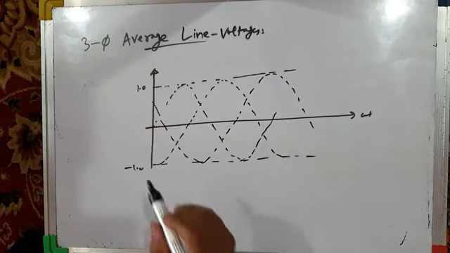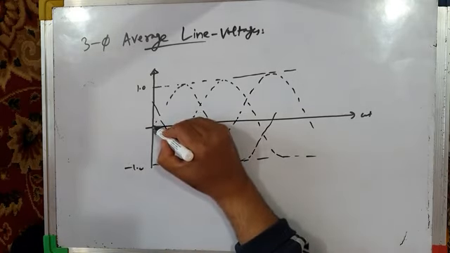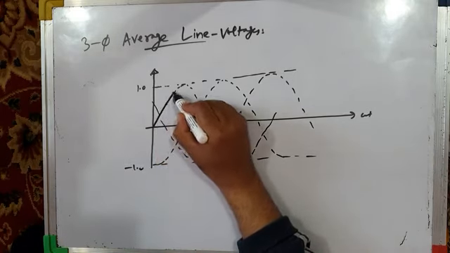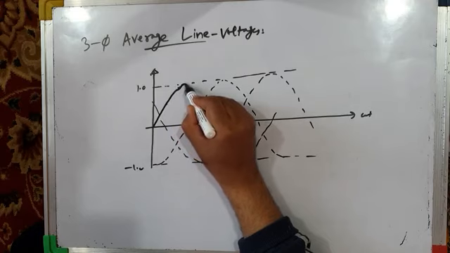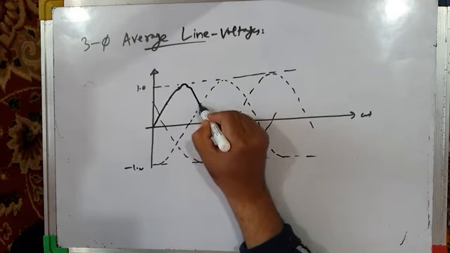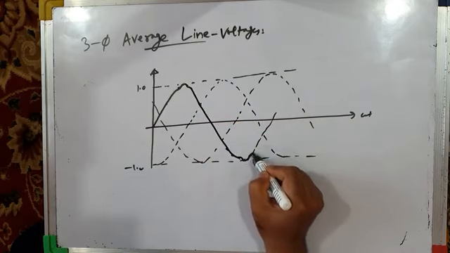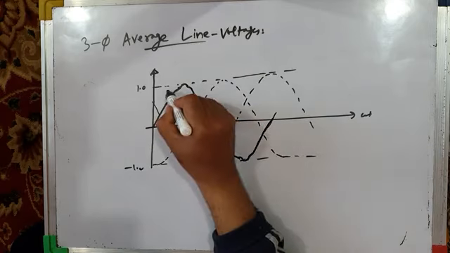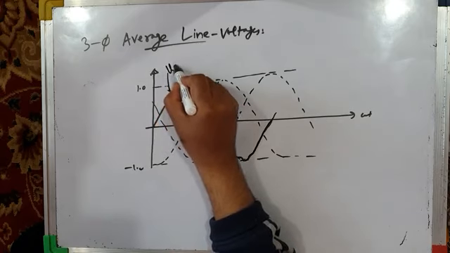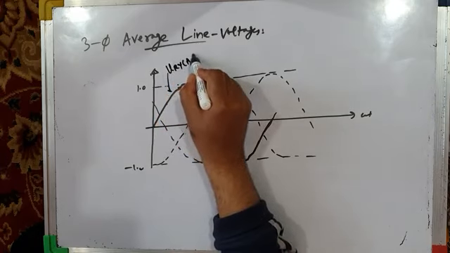Let's try to see line voltages. This will be our line voltage VRY. This is average line voltage VRY average.